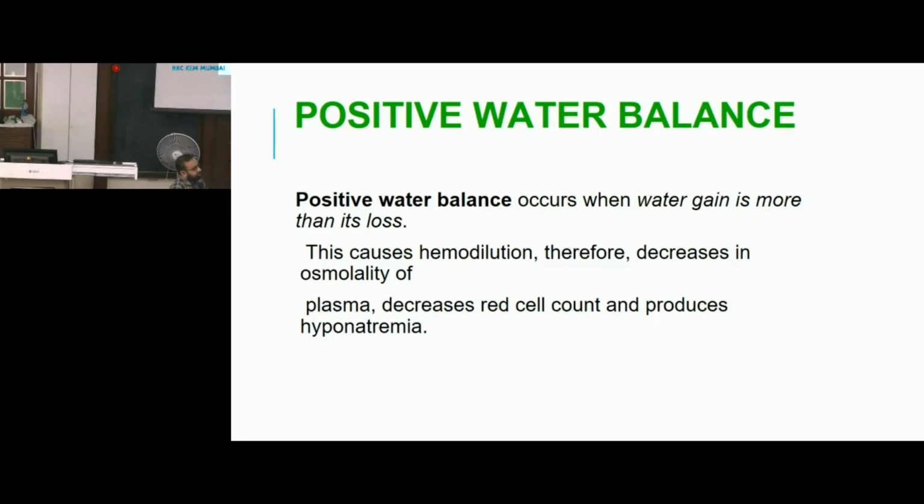That means, what is plasma? Plasma का major component क्या है? Water. So if there is more water in the plasma, so basically there will be more plasma. Okay. More plasma compared to the normal range, of course, but more plasma compared to the, what is the other content of the blood?